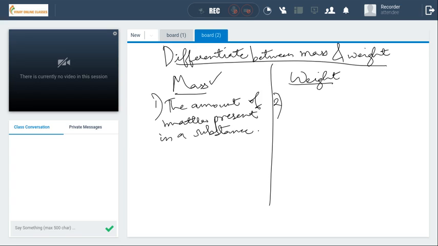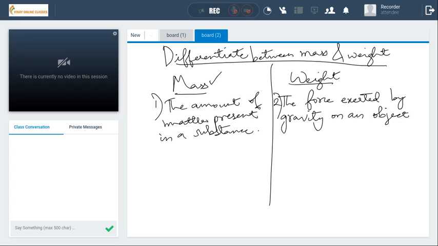Weight is the force exerted by gravity on an object. Okay, mass is the amount of matter present in a substance, and weight is the force exerted by gravity on an object.